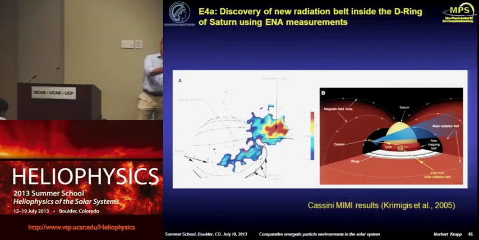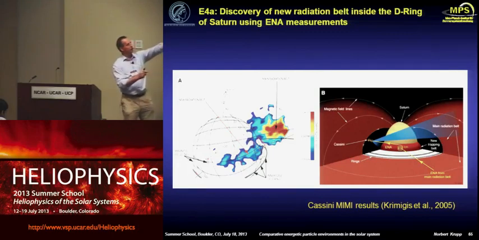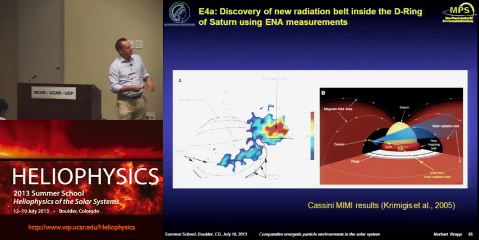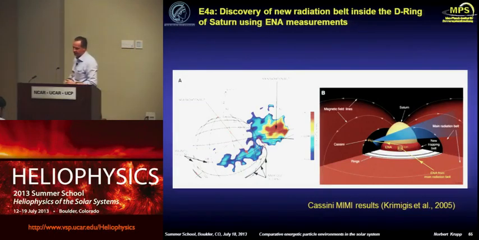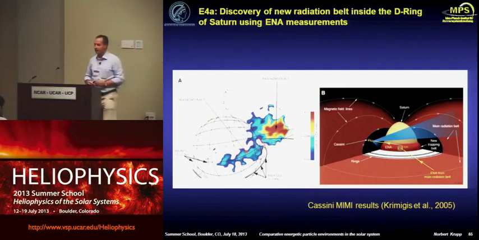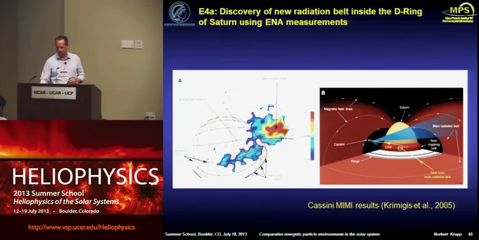We were inside the neutral cloud, and we could look along the field of view of the ENA camera towards the planet, and we saw an extra emission coming from that region, from which it has been determined that it has to be a sort of a charged particle radiation belt inside this D-ring. And at the end of the mission, in 2 years from now, or 3 years from now, Cassini will fly through that region directly, and we can do the measurements directly.